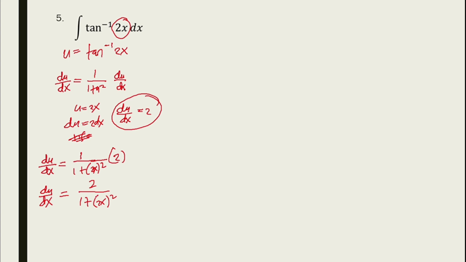Next we have the integral. So the next is the integral of inverse tangent of 2x dx is equal to, what is our u? Our u is equal to inverse tangent of 2x. By the way, we have to find first our dv.